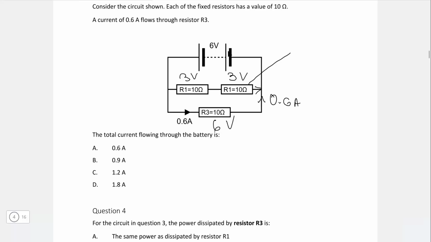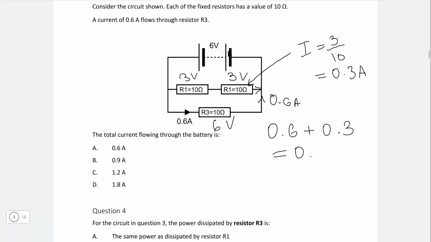To figure that one out, we're going to find the current through one of those resistors, and remember, current is equal to the potential difference, which in this case is 3 volts, divided by the resistance, which is just 10 ohms, so that's 3 over 10, which is 0.3 amps. Therefore, the correct answer will be equal to 0.6 amps plus 0.3 amps, which is equal to 0.9 amps. Correct answer is B.